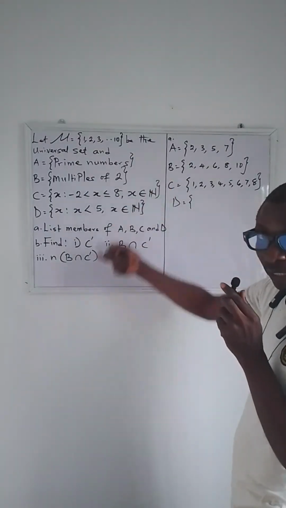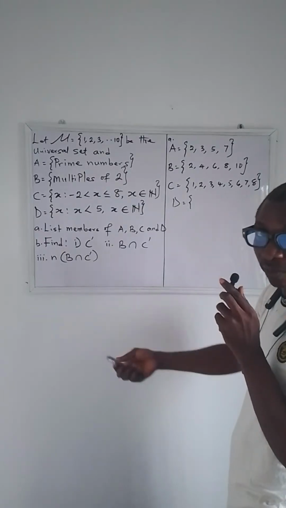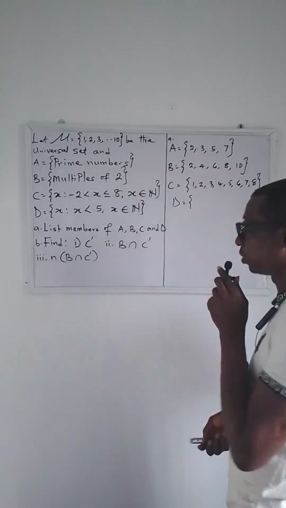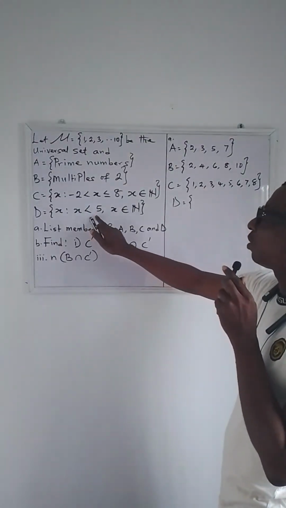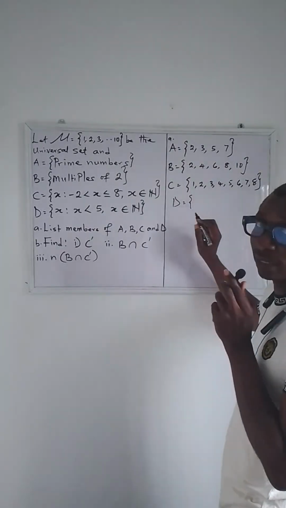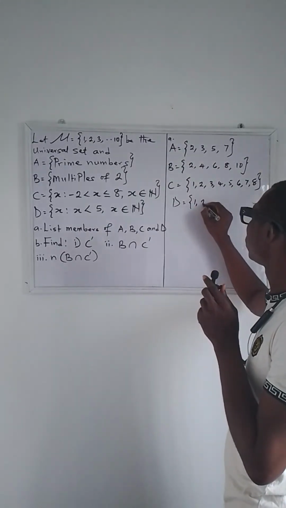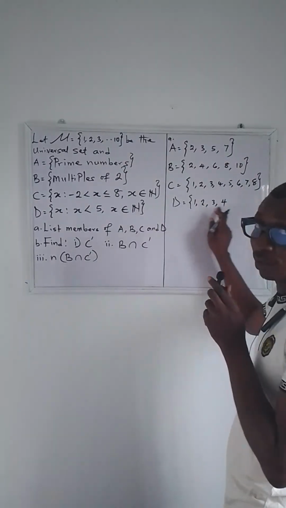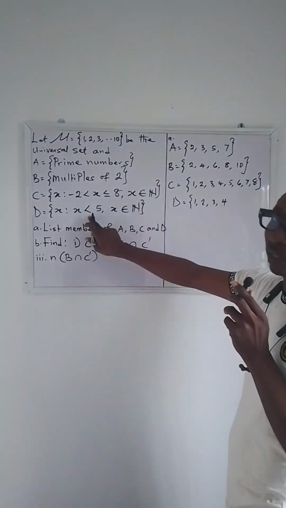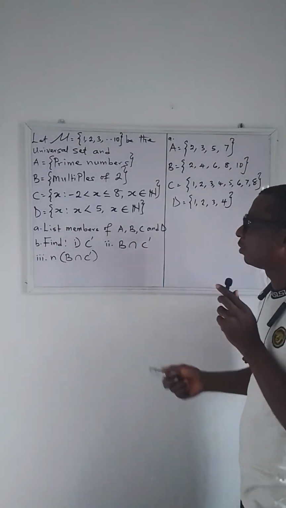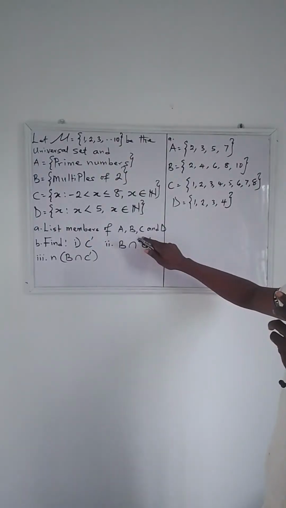Natural numbers are counting numbers: 1, 2, 3, 4, and so on. So let's list natural numbers less than 5. We have 1, 2, 3, and 4. All of these are natural numbers, they are counting numbers, and they are also less than 5. So we have done the first task.